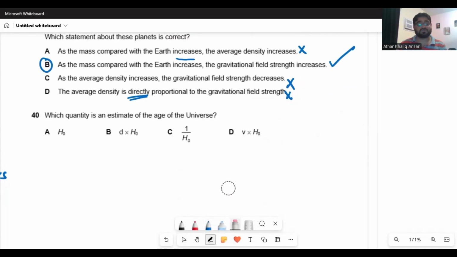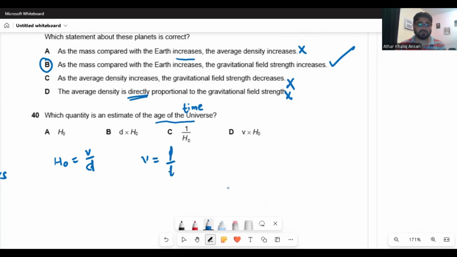Last question is, which quantity estimates the age of the universe? It means you are asked to find time. And for finding the time, we know that the first equation, Hubble constant, is V over D. And there is another equation, speed is equal to distance over time.